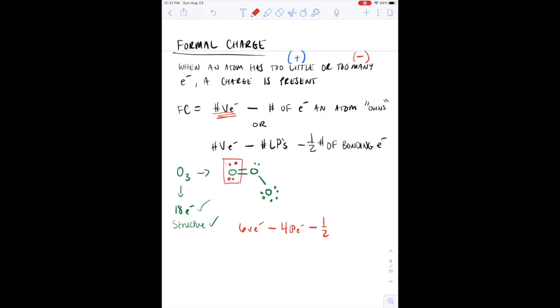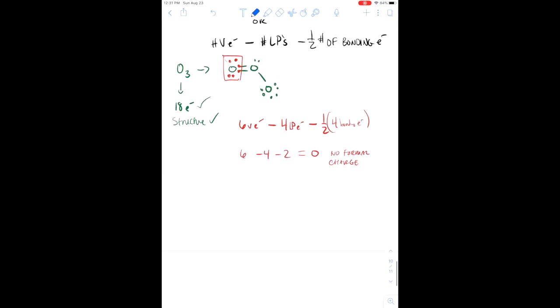And we're going to subtract half the number of bonding electrons. We've got 2 bonds to that adjacent oxygen, and that's a total of 4 electrons, right? And so we're going to subtract half the number of 4 bonding electrons, which is 2. So once we do the math, we get 6 minus 4, which is 2, minus 2, which is 0.